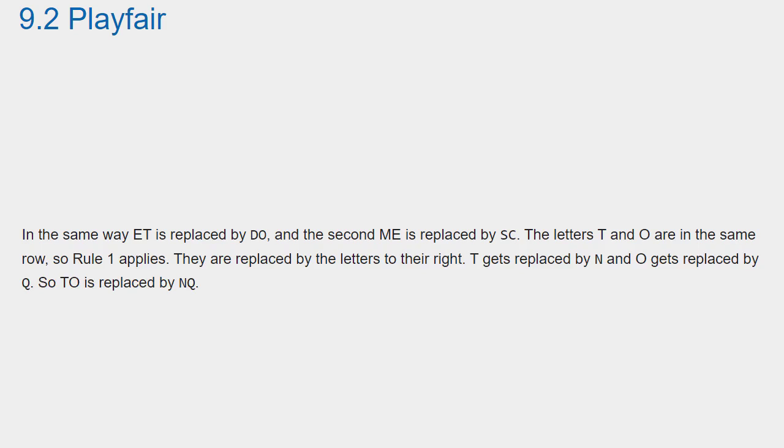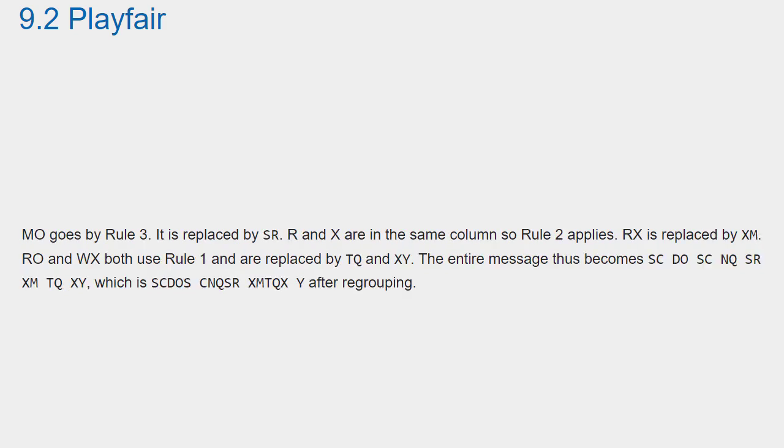The letters T and O are in the same row, so Rule 1 applies. They are replaced by the letters to their right. T gets replaced by N and O gets replaced by Q, so TO is replaced by NQ. MO goes by Rule 3. It is replaced by SR. R and X are in the same column, so Rule 2 applies. RX is replaced by XM.